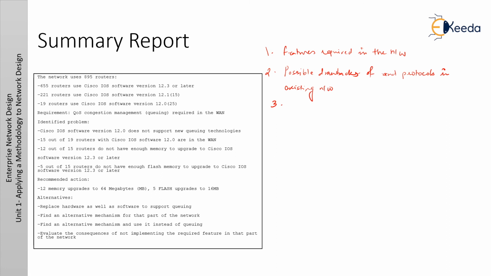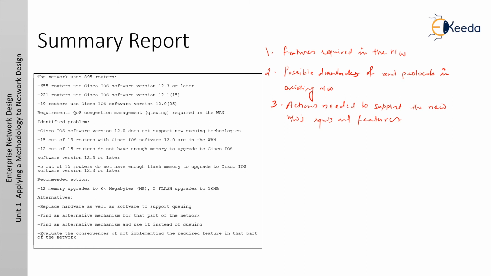Third thing is actions needed to support the new network's requirements and features. With this information, the designer should be able to propose hardware and software upgrades to support the customer requirement, or to influence change in requirement.